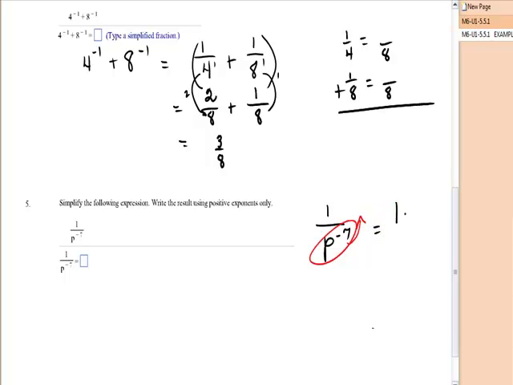That's going to be 1 times p to the positive 7, and you're leaving a 1 down here, but I don't need to write those 1s. 1 times p to the 7th is p to the 7th. I don't write a denominator of 1. So a negative exponent says, move me across the fraction line, my power becomes positive.